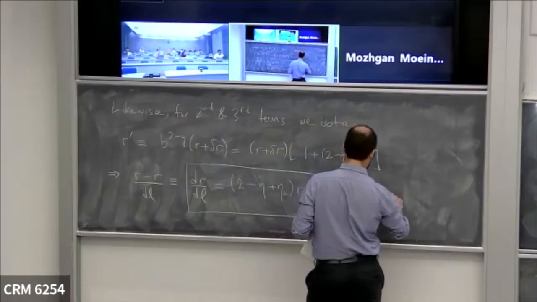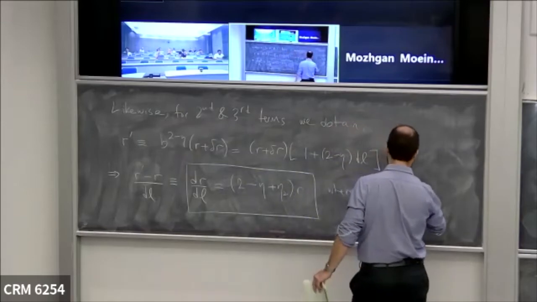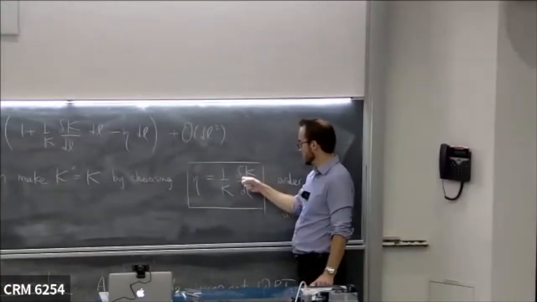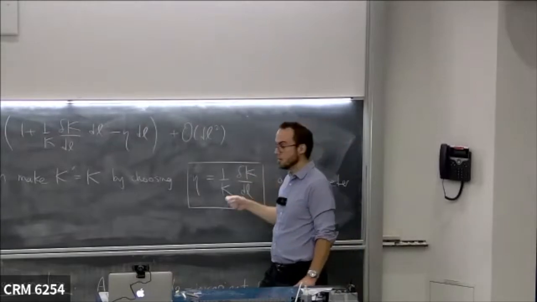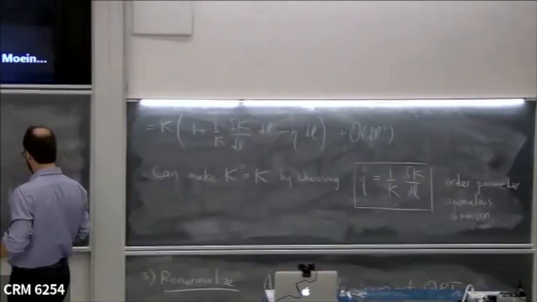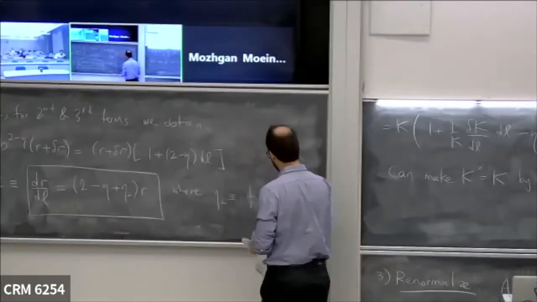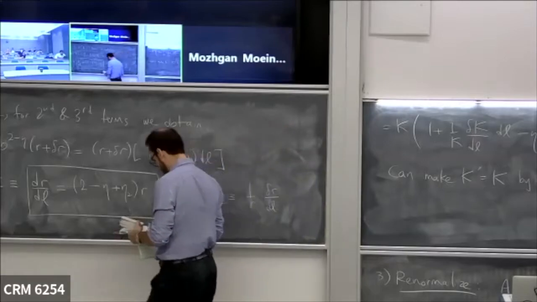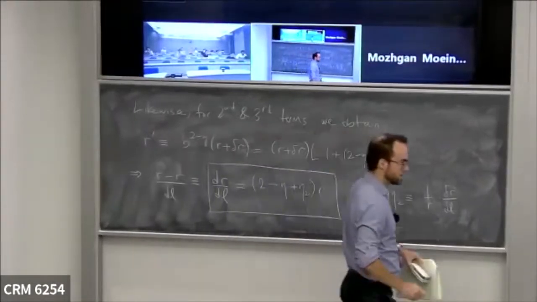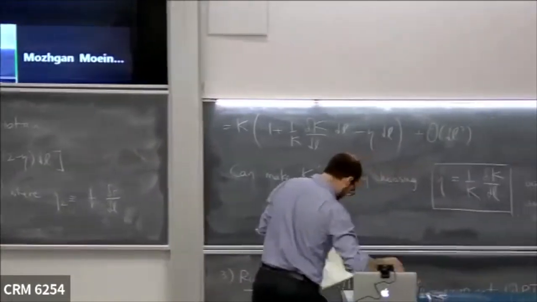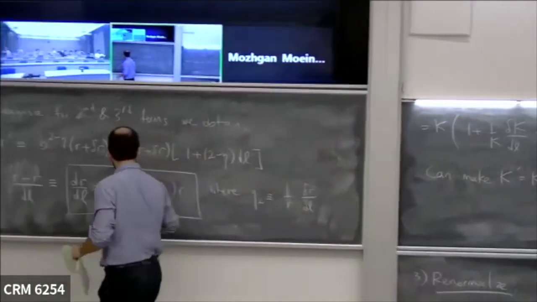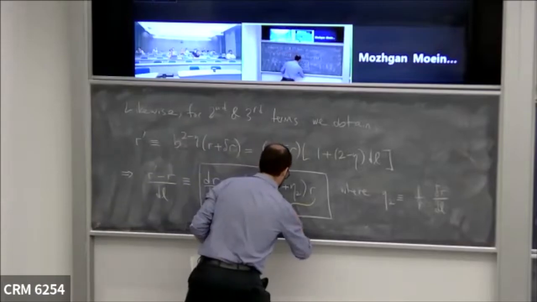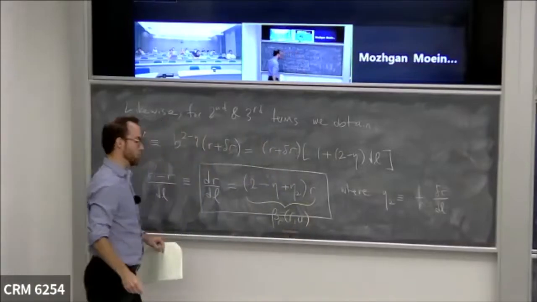Eta 2, just like this eta was computed from the amount by which the coefficient of the kinetic term changes, comes from the amount by which this mass term changes, so delta r over dl. And this flow equation's right-hand side, we typically call a beta function. So this will be the beta function for coupling r, which is a function of all the couplings in the theory in general, so here r and u.